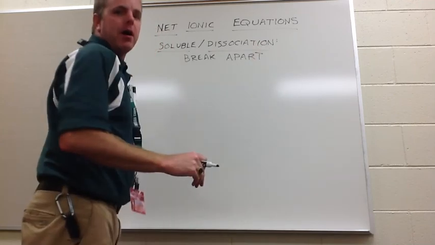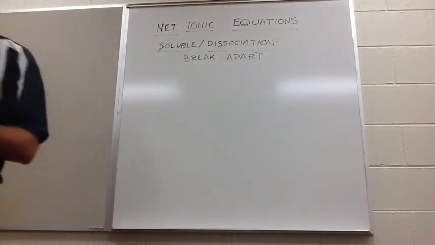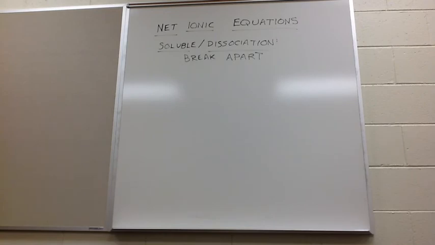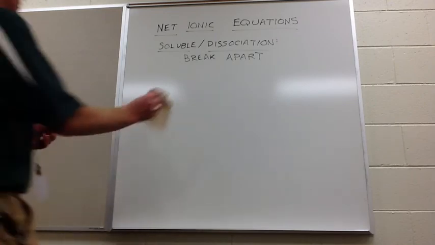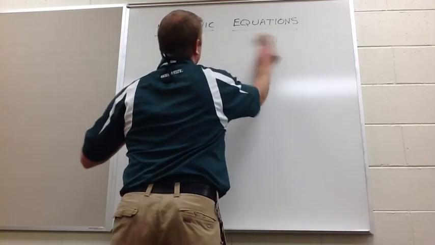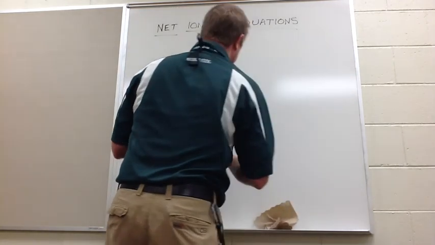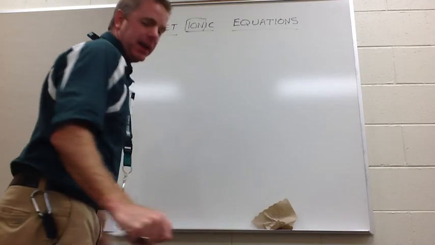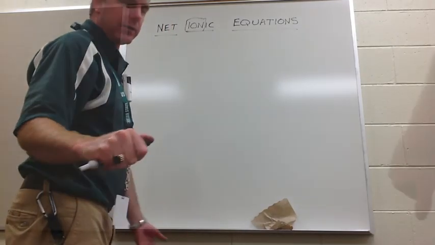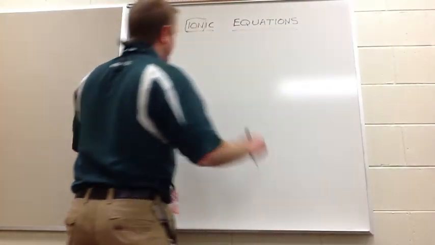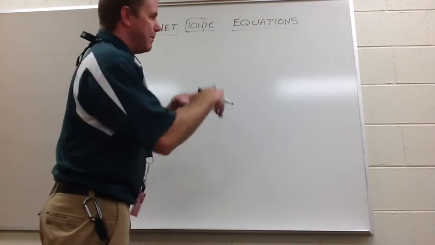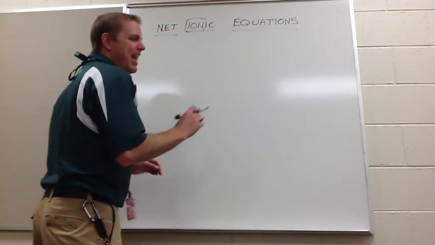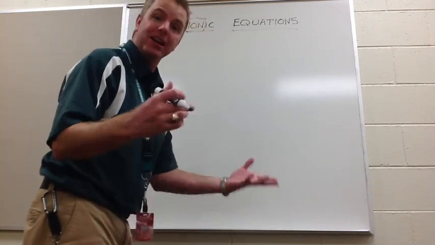Now, what do they break apart into? Well, we call this net ionic equations for a reason. When these things break apart, they break down into what we call ions, meaning charged particles. For solubility, in order for things to break apart, they have to have something to break apart in.